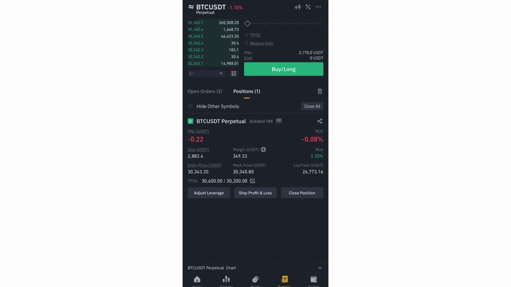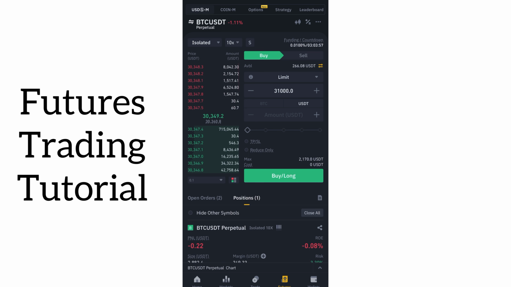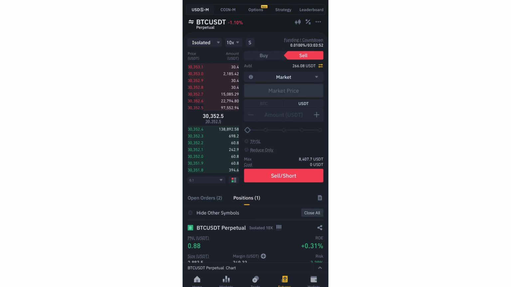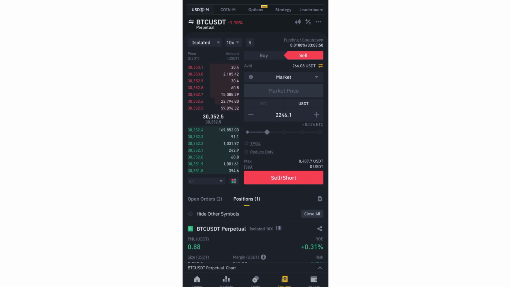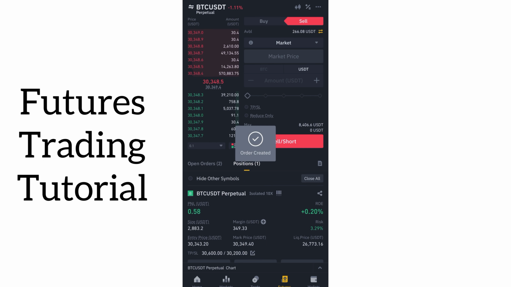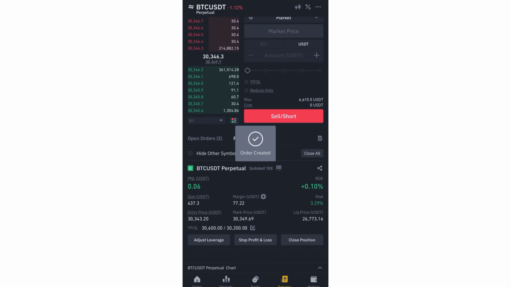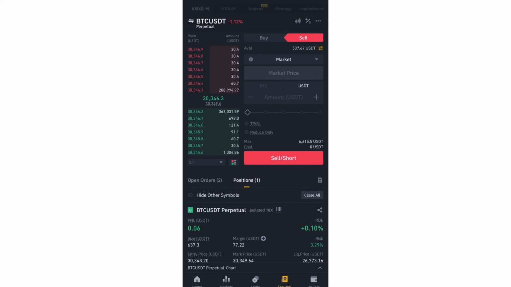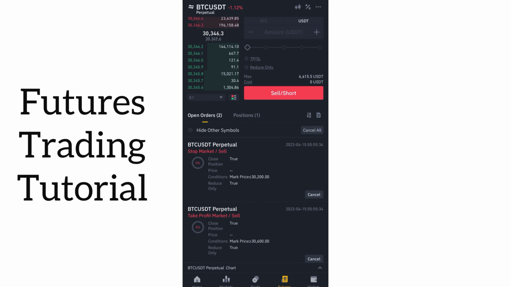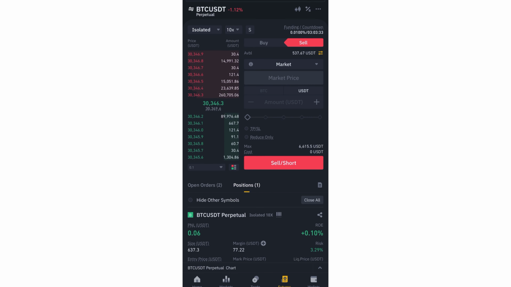So let's see if you want to short, for example, for educational purposes, just click on sell short. You can click on the market order, which means you are executing it immediately, and click on sell short. It's going to open a position for you. Okay, this is a take profit and stop loss position.